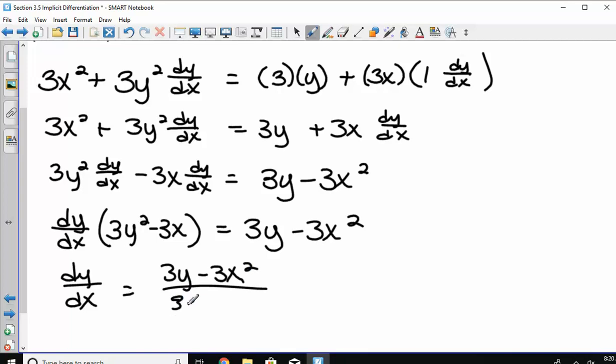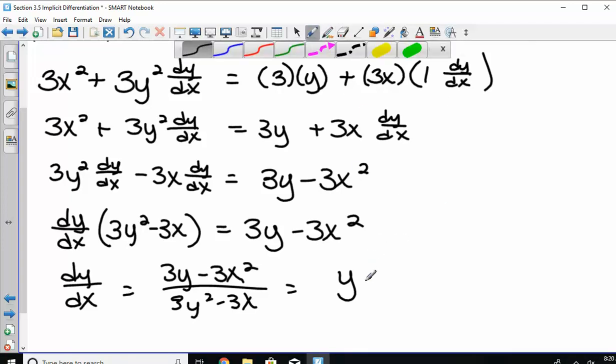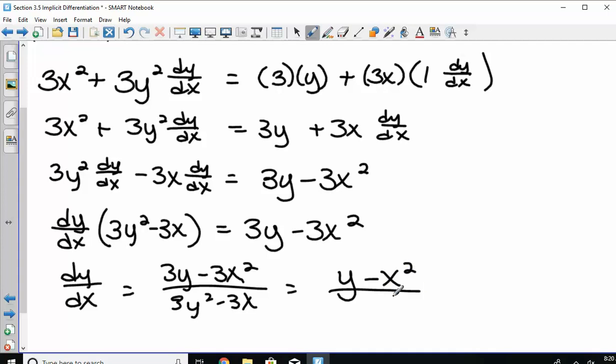Is there anything we can do to simplify this? Yeah, let's just divide a 3 out of everything. So dy/dx is y minus x squared over y squared minus x. So if I ask for the derivative, that is your answer.